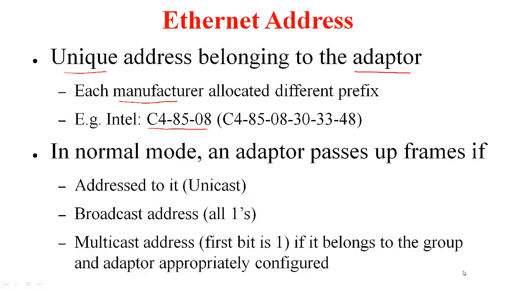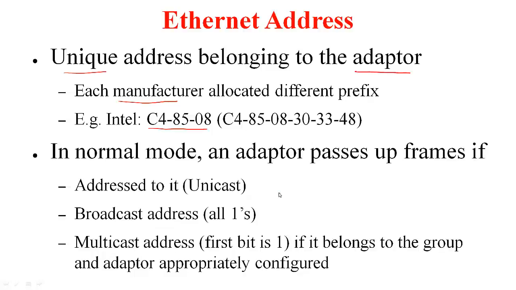In normal mode, whenever an adapter receives a frame, it passes up the frame if the frame is addressed to it. This is the unicast mode. In other words, it will see whether the destination address in the frame matches its own address. If so, it passes up the frame. It will also accept the frame if the address is the broadcast address. Broadcast address is nothing but all ones.